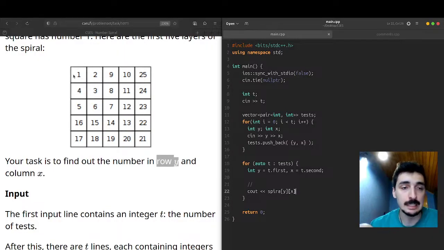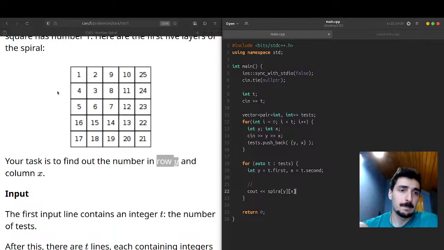Another observation is if we are looking at numbers on this diagonal, we have 1, 3, 7, 9, and 21, which is... 3 is 4 minus 1. 7 is 9 minus 2. 13 is 16 minus 3.